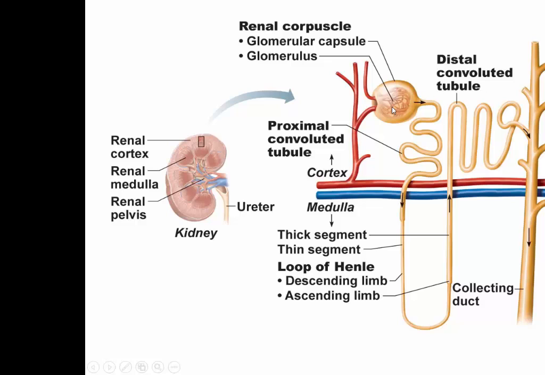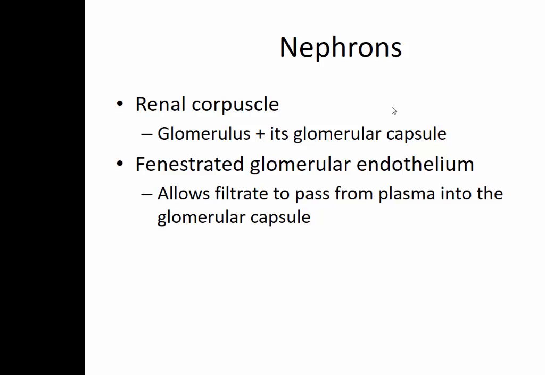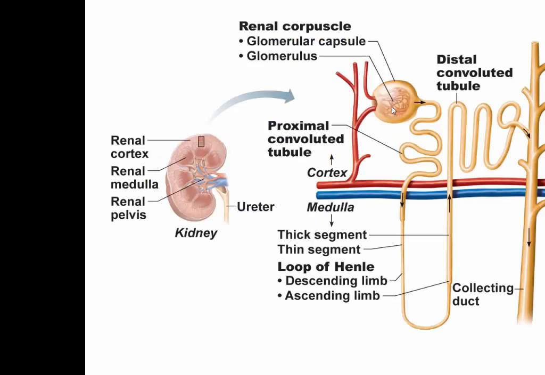In terms of understanding the cellular makeup of these parts, we know that the glomerulus is made up of simple squamous epithelium because it's a capillary. All capillaries are simple squamous epithelium because they allow for rapid exchange. Bowman's capsule is the same thing, simple squamous epithelium forming the walls of Bowman's capsule.